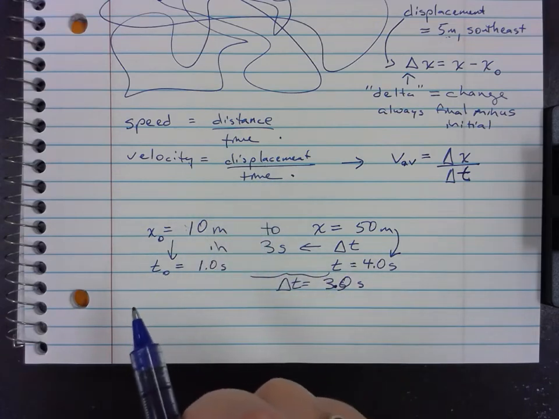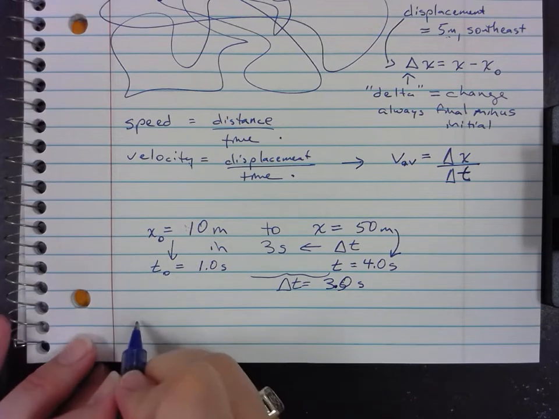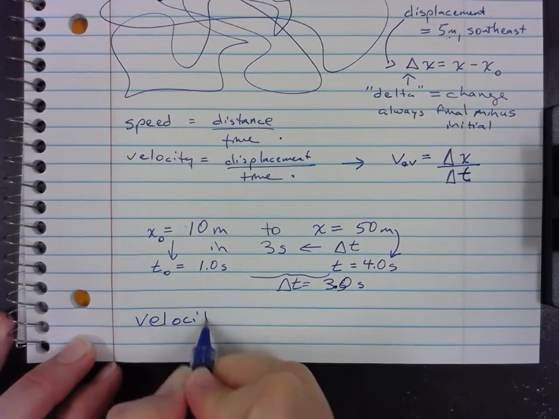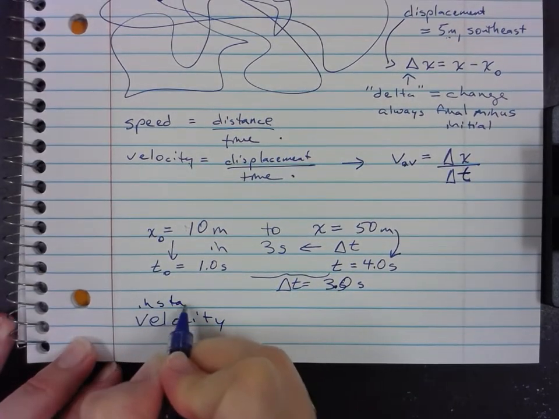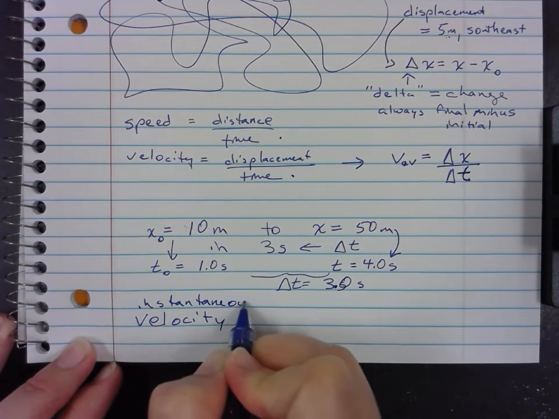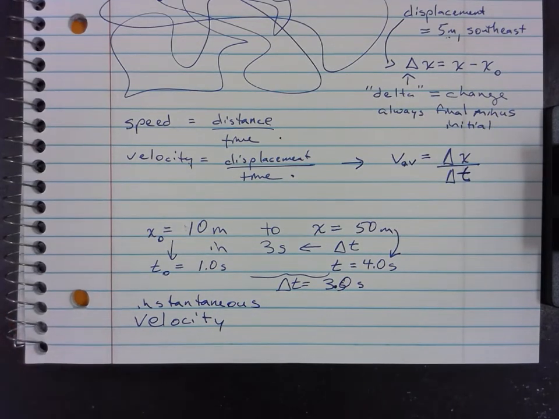Instantaneous velocity is the velocity at that exact instant of time. So in your car, your speedometer basically tells you instantaneous velocity.